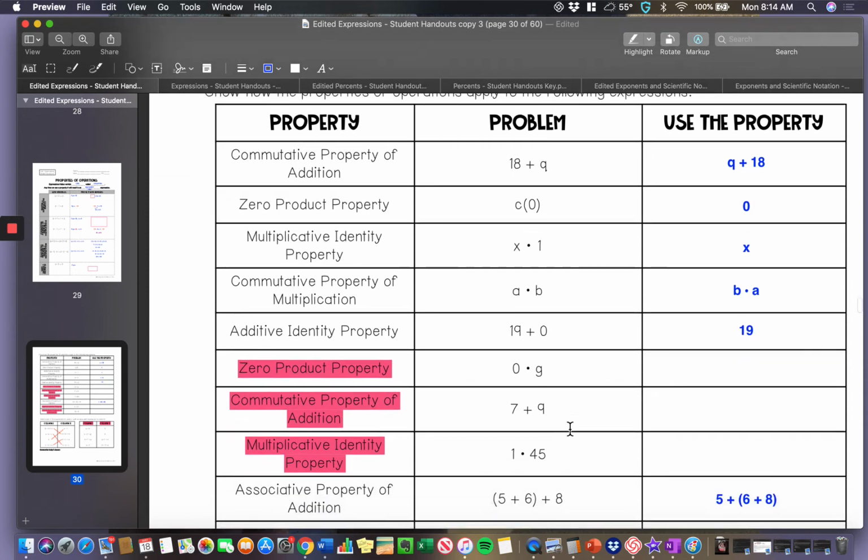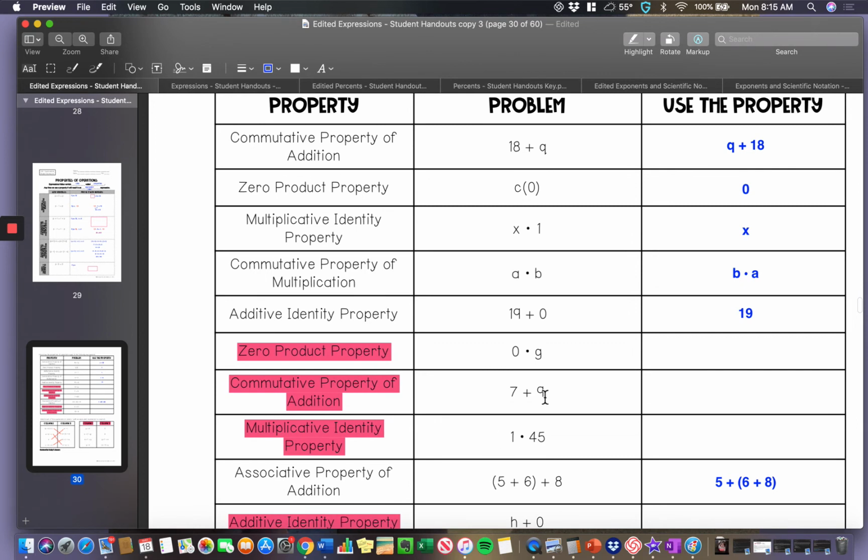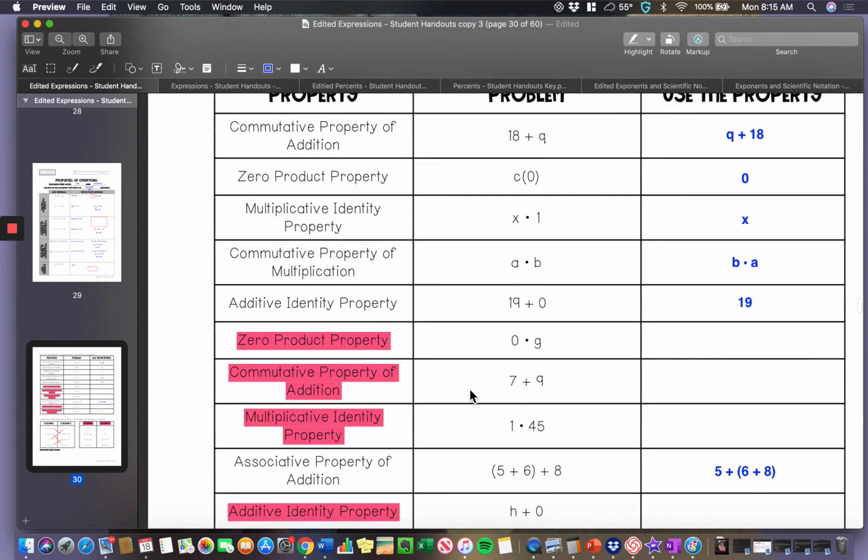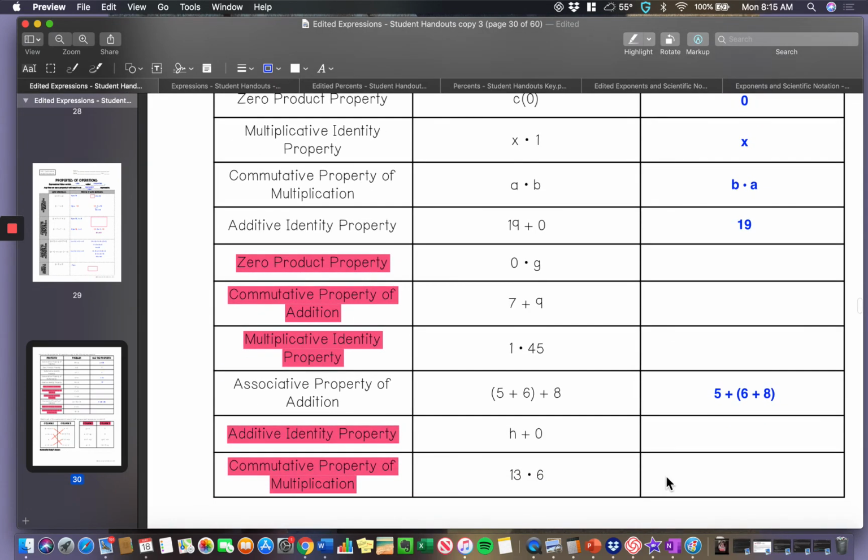Nothing changes. For these pink ones, you have to apply the problem and use the property to get your answer. And then for the associative property of addition, we have 5 plus 6 first in our grouping symbols plus 8. And when I use the associative property of addition, I'm going to take my grouping symbols and just move them around different numbers to give me an equivalent or equal expression.